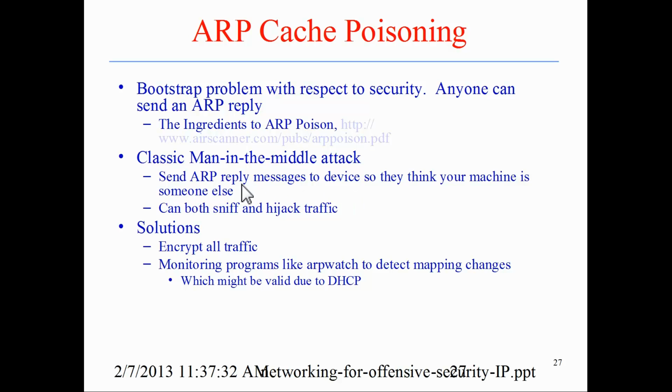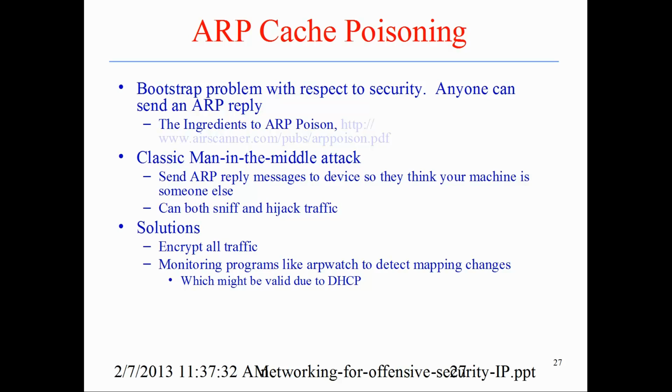It's just what I said. You just spam the network with ARP reply messages, regardless of whether or not there was an ARP request in the first place. And the machines are going to cache those responses and use that to perform their packet addressing. So when you type a URL in your browser, if you do not have an IP address for that URL, it goes out and does a DNS request to resolve whatever the IP address is for that URL.